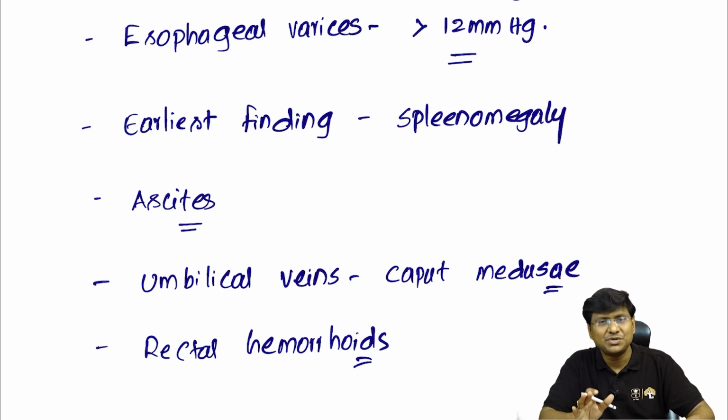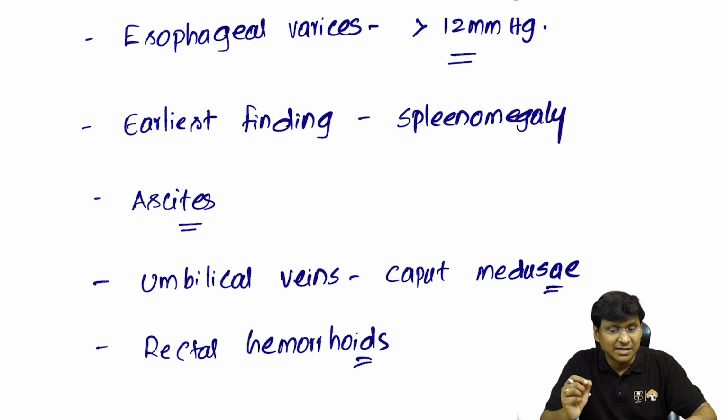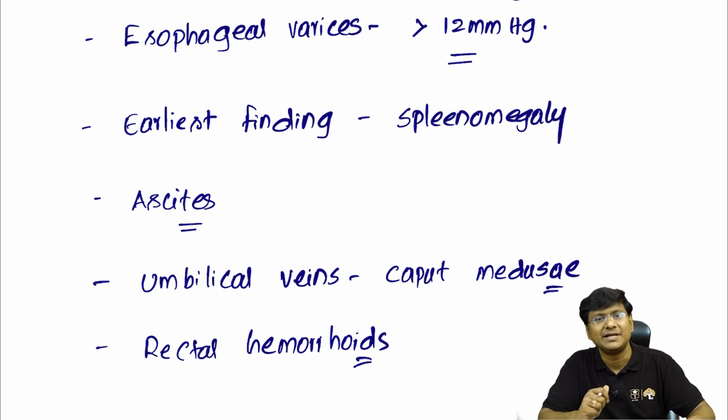And you need to be aware of the other complications associated with portal hypertension. Apart from these, the other complication is splenomegaly. As I have already discussed, whenever splenomegaly occurs, that can cause rupture of the RBCs, where the individual can develop anemia.